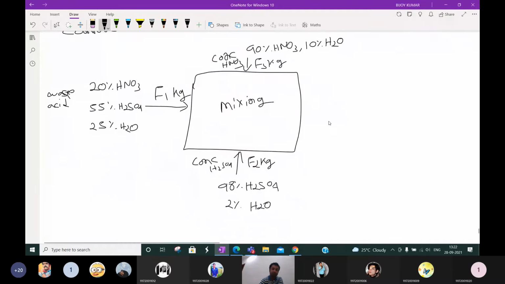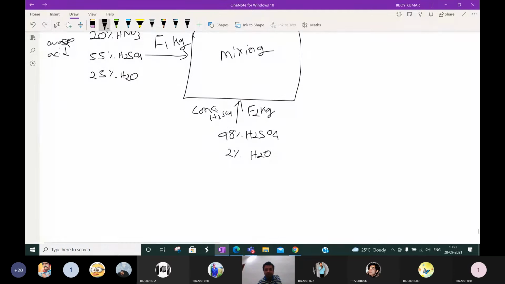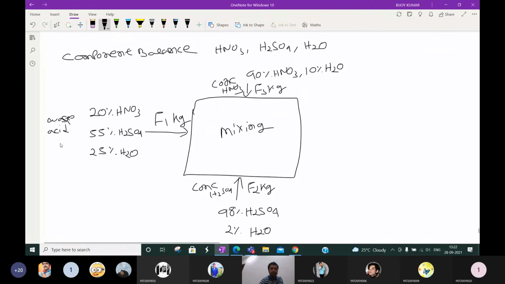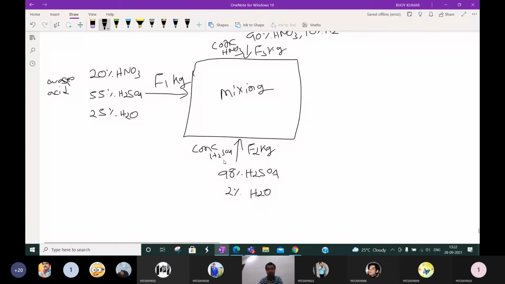Similarly here, concentrated H2SO4. This is a waste acid mixture. Waste acid mixture means it will have a mixture of three to four things. Concentrated H2SO4 generally means 100% H2SO4, but 100% H2SO4 causes difficulties in transportation and use, which is why we generally dilute the acid with a certain amount of water.